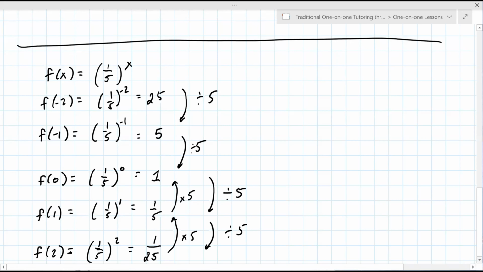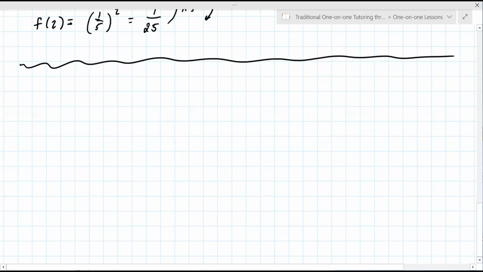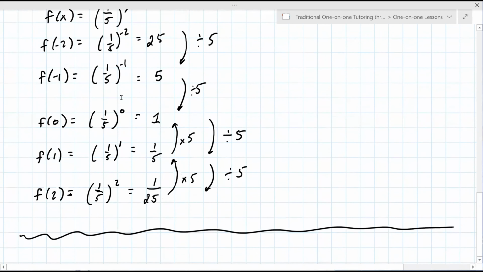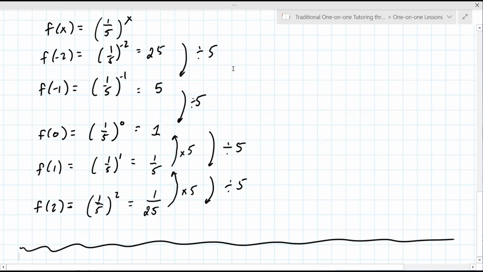Okay, so let's try another one, just like this in some ways, but I'm going to switch it up slightly. If we were to graph that, we'd look at -1 and 5, -2 and 25.